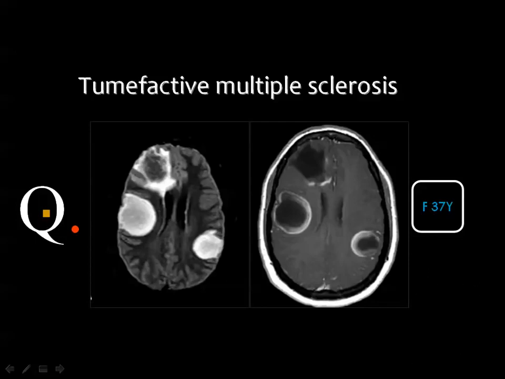Sometimes, but in these lesions, they are very big with no significant edema around. You may consider this possibility, in particular in this age group.